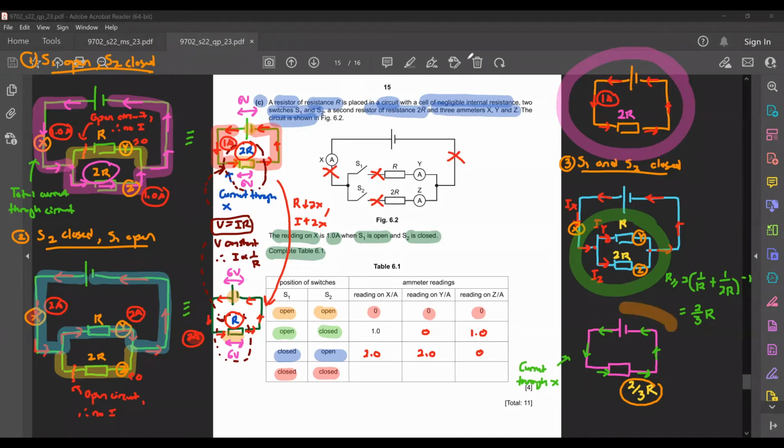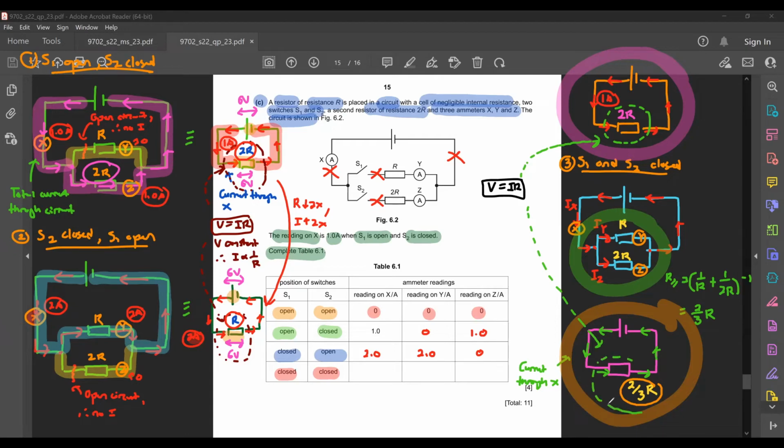We again apply V equals IR here, to your resistor here and also to your resistor here.